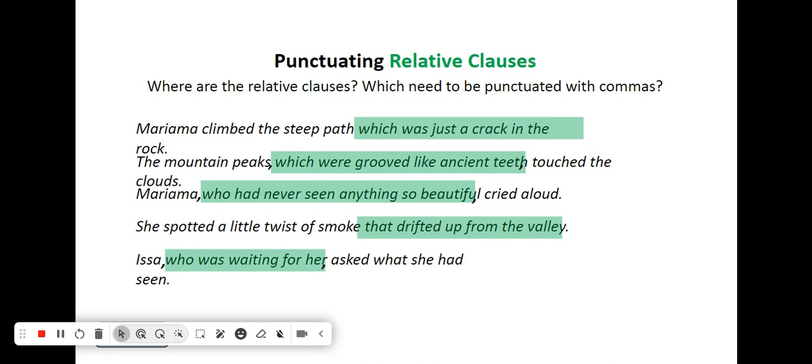Isa, who was waiting for her, asked what she had seen. We're going to need a comma at the beginning and again at the end.